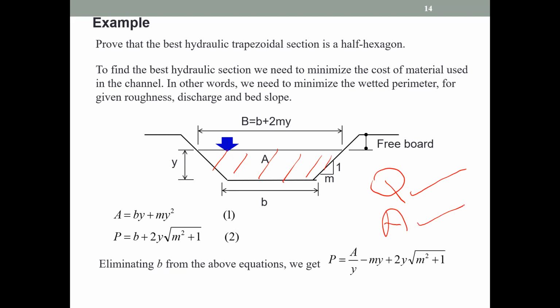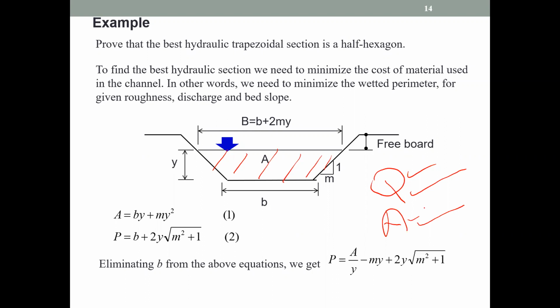But can we design this hydraulic section in a way that it minimizes our excavation cost, it will minimize our construction cost while satisfying this Q and A? That is the meaning of this kind of design. All right, so I will quickly go through this one. I hope you understand the basics.